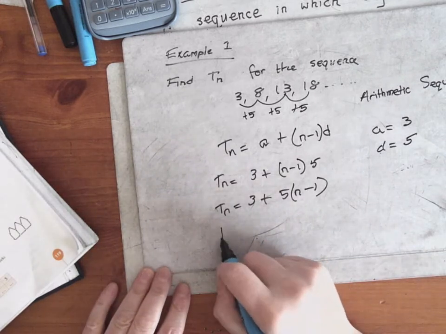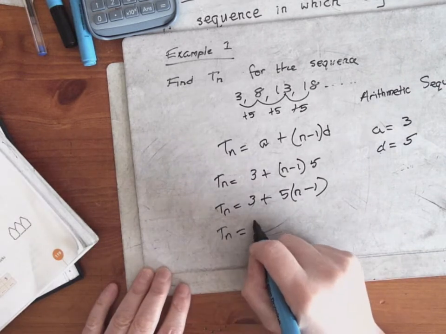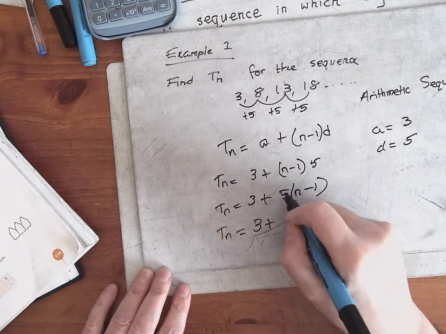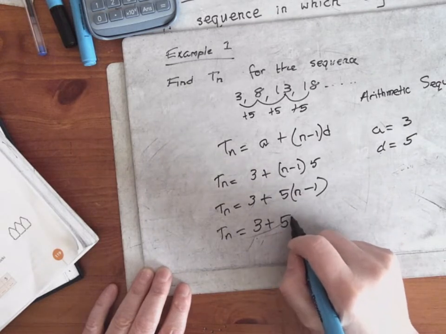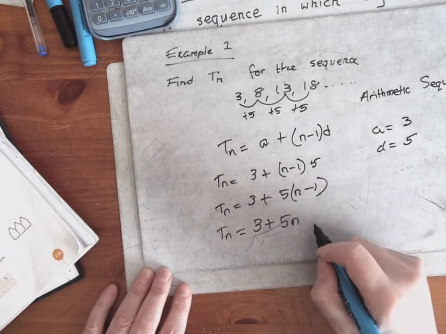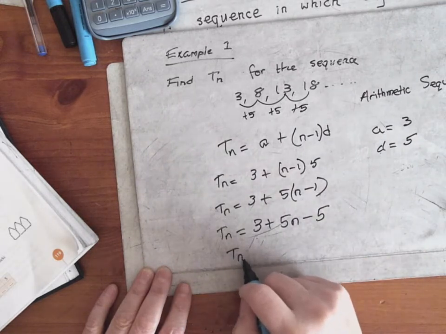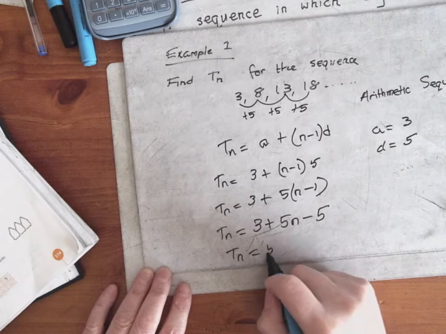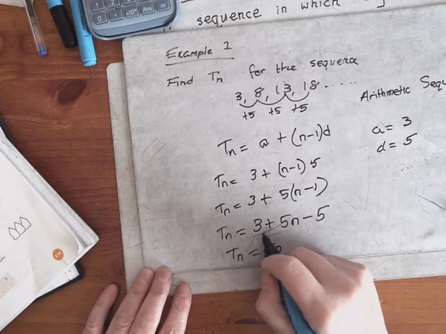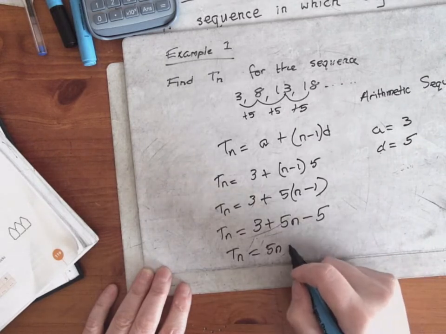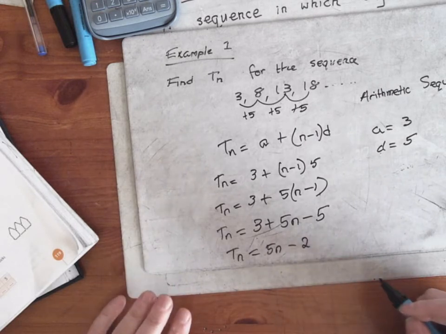So Tn is equal to 3, plus 5 multiplied into that bracket: 5 by n is 5n, and 5 by minus 1 is minus 5. And then you can just put the numbers together. So I have 5n, and then 3 take away 5 is minus 2, and that's my answer.